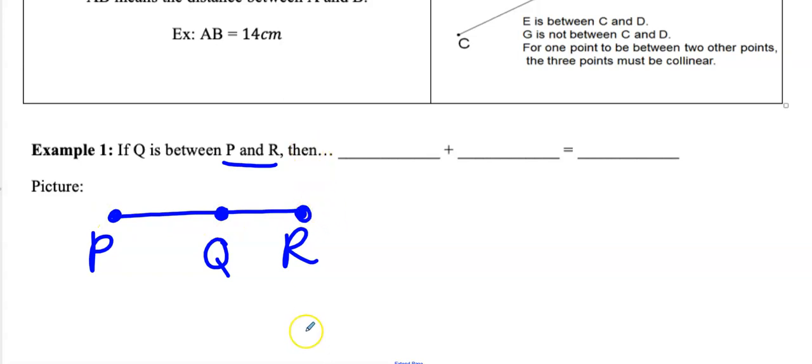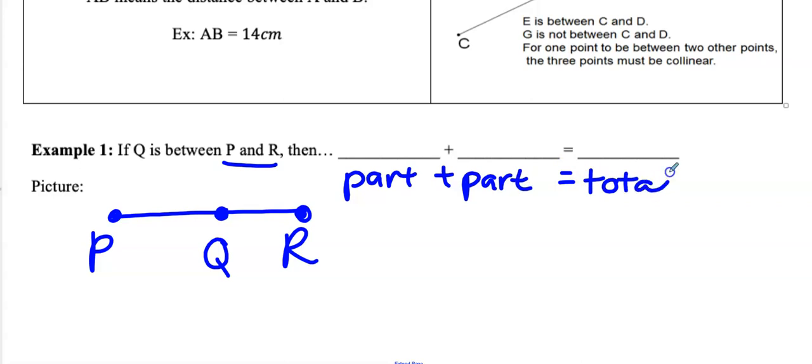So the segment addition postulate, again, is part más part equals your total. Okay? So part would be PQ. So this is one part, PQ, plus the other part, which is QR.